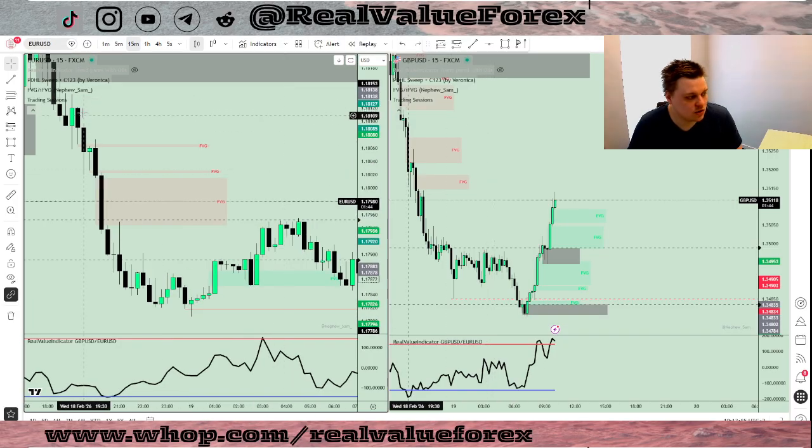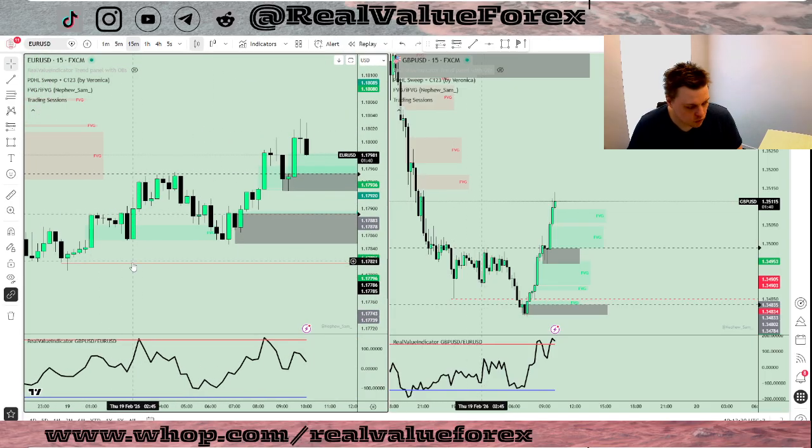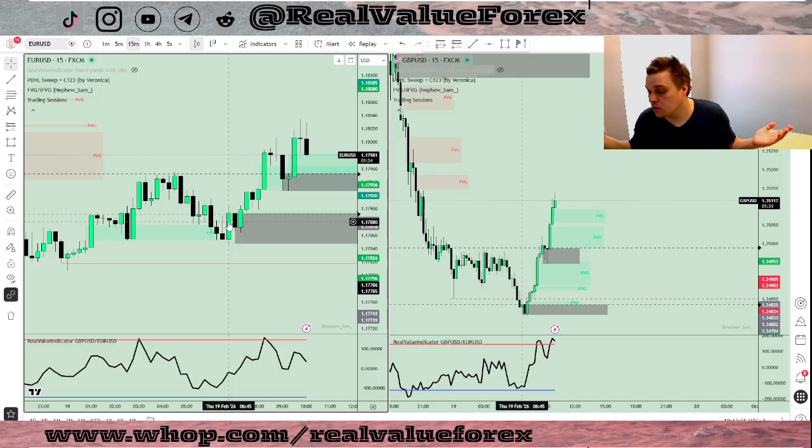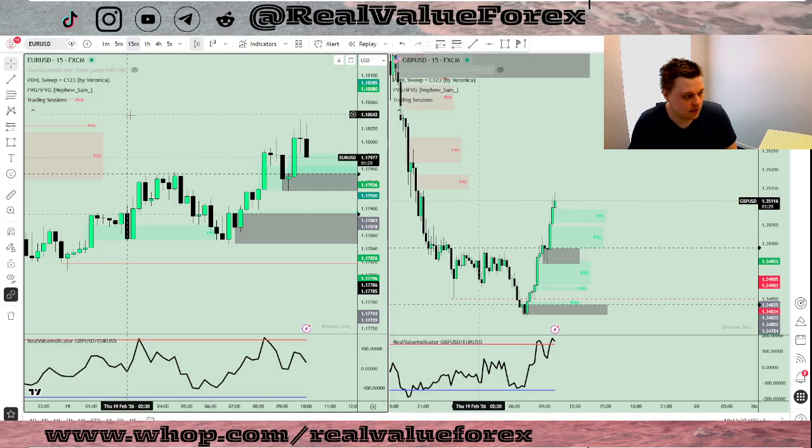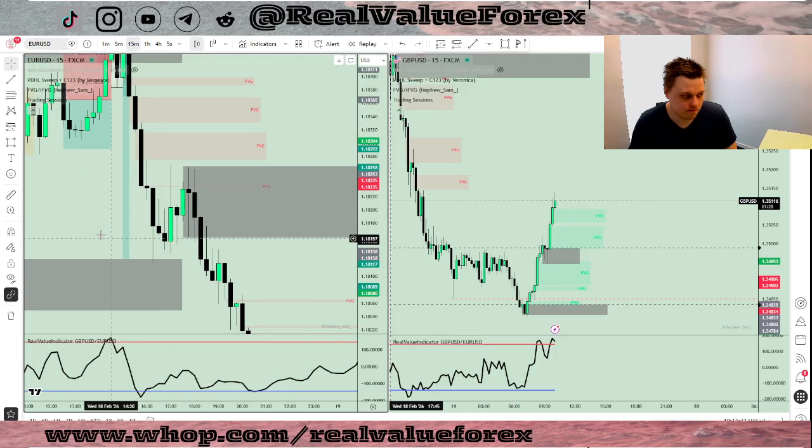You can see that this huge downtrend has ended. Let's assume this was our order block and here was our entry, everything correct. Now I have reasons to enter longs, but for sure not here.